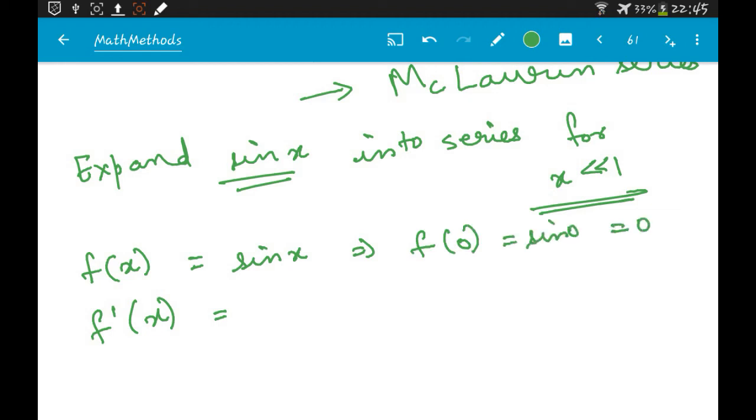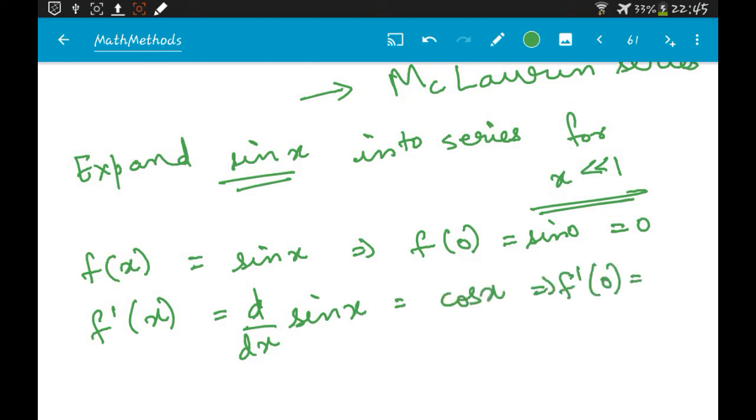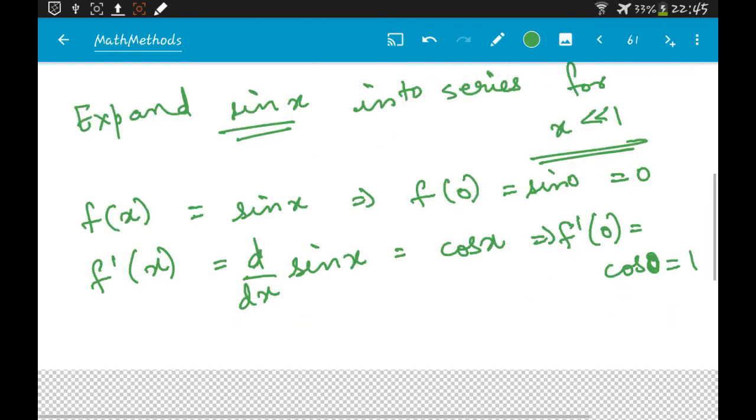F dash of x is d by dx of sine x, which is nothing but cos x. So f dash of 0 will give you cos 0, which is nothing but 1. Okay.